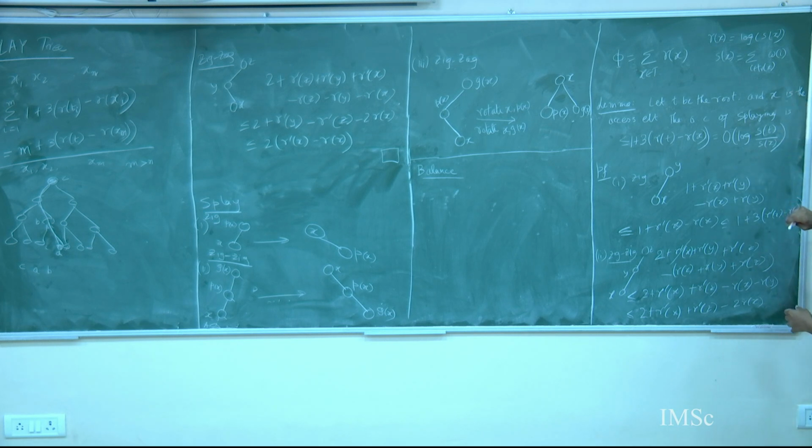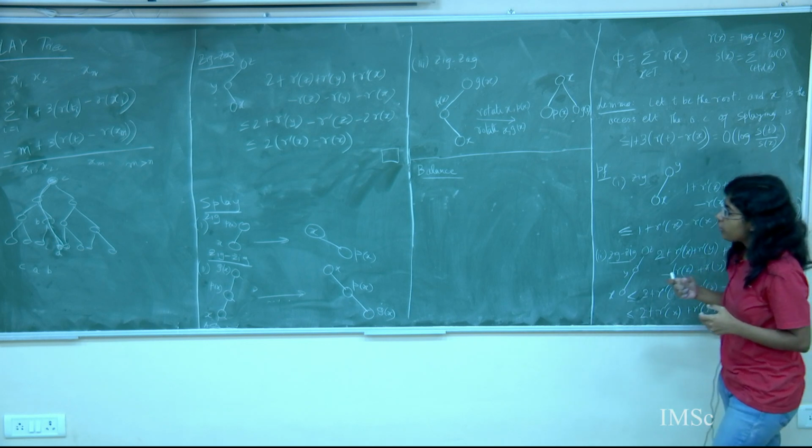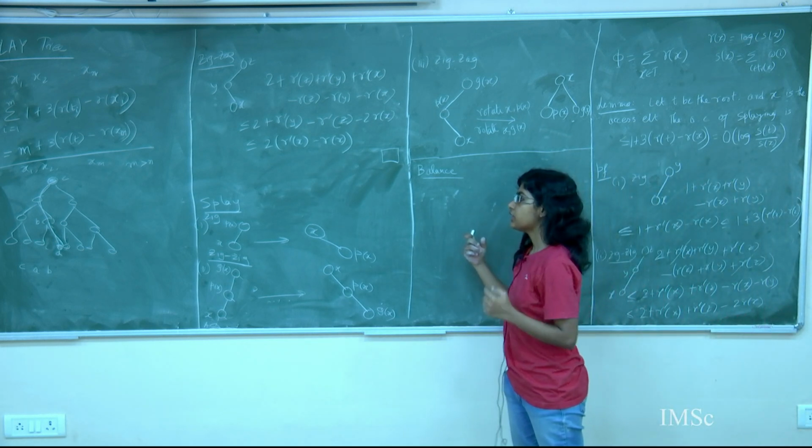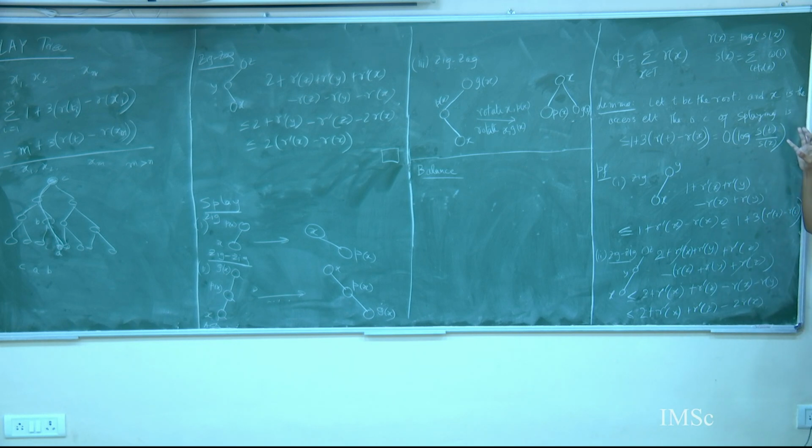I said take any weight. In the whole proof of this lemma, whatever weight I would have taken, as long as it is positive, it does not matter. So while proving these properties, we'll use the fact that I can put anything for that weight.